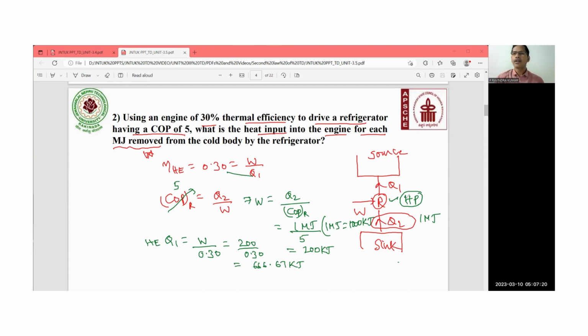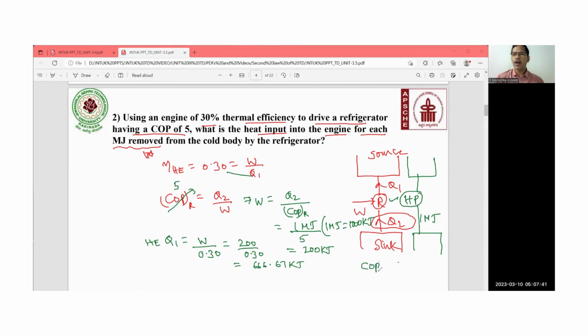So under the same operating condition, if instead of a refrigerator, the heat pump is working, then how are you going to sort it out?